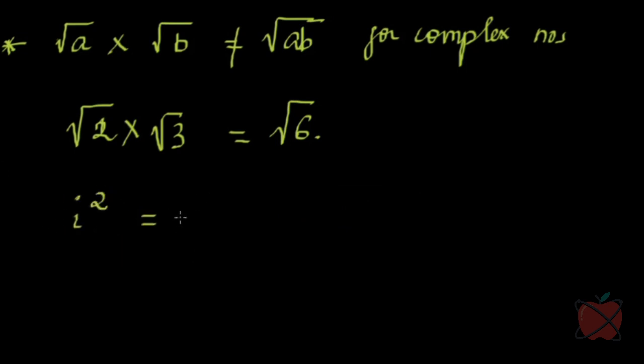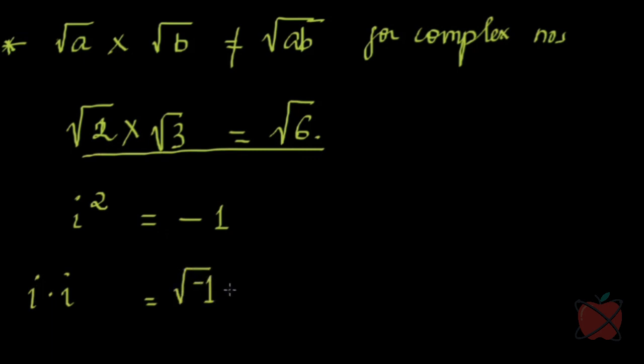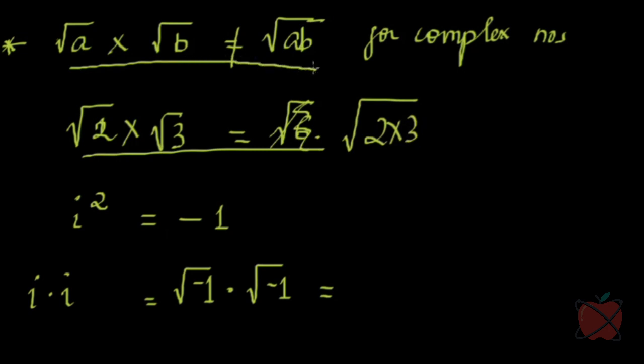Let's consider i square. We know that this value is equal to minus 1. But if we follow this pattern, let's see what we get. We know this is root over minus 1 multiplied with root over minus 1. And if we follow this pattern, which says that root 2 into root 3 is equal to root of 2 into 3, that is true for real numbers.